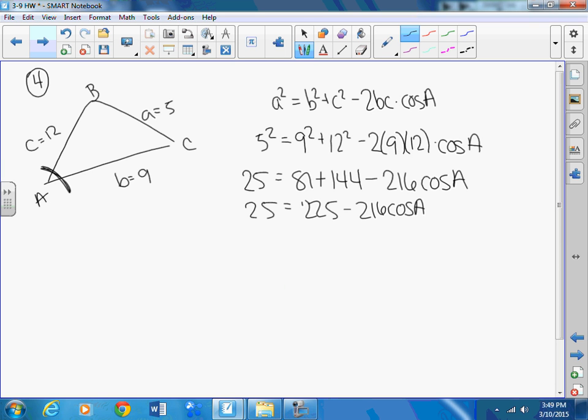That will give me negative 200 is equal to negative 216 times the cosine of A.